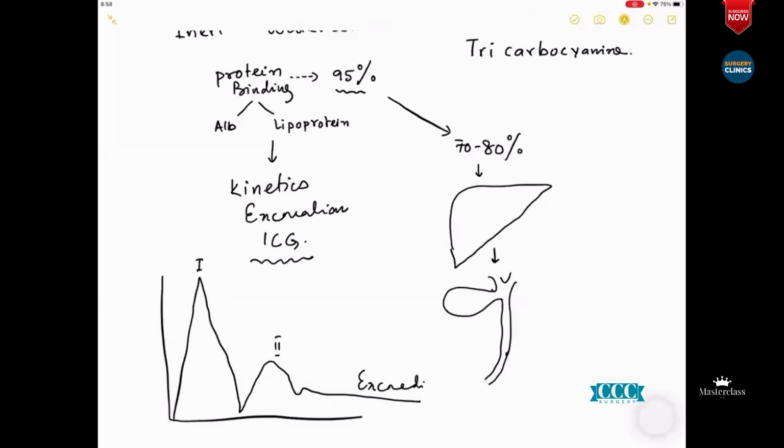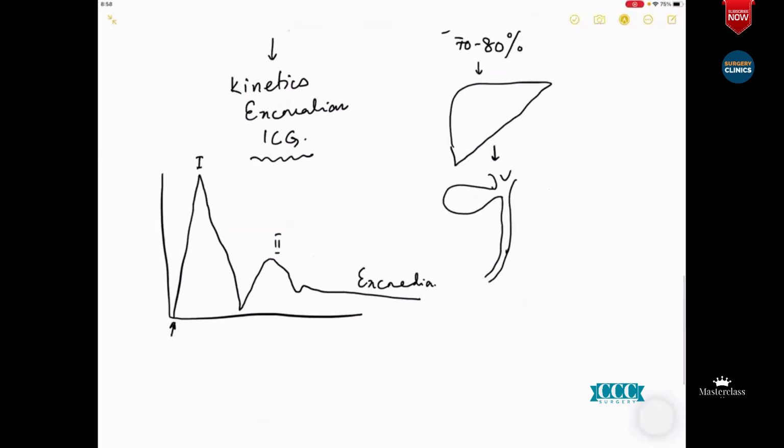Now, the second peak happens because this is something that has been given intravenously, so as you can understand, there will be a peak. There is a reabsorption from the GI tract, so transiently there is a small second peak, and then followed by the excretion.